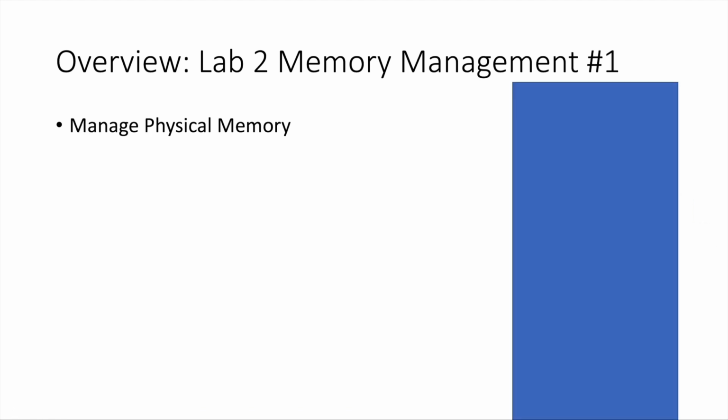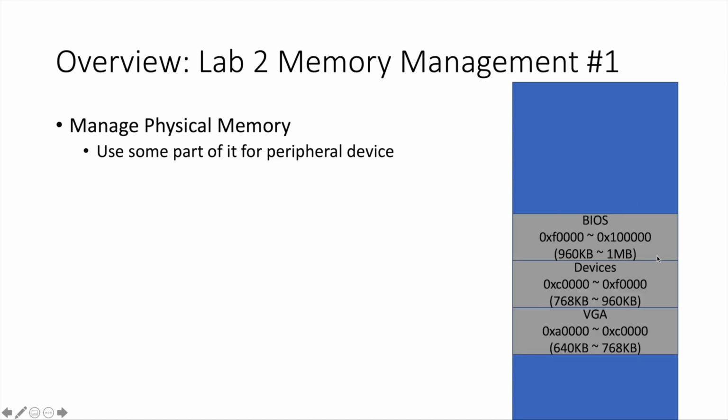Managing physical memory here means how we reserve some part of the physical memory for peripheral devices such as the console, network device, disk, or graphics card. For those devices, we need to reserve physical memory address spaces.